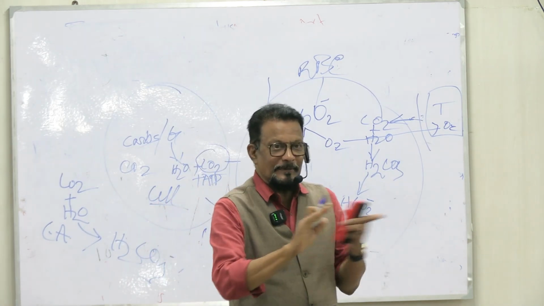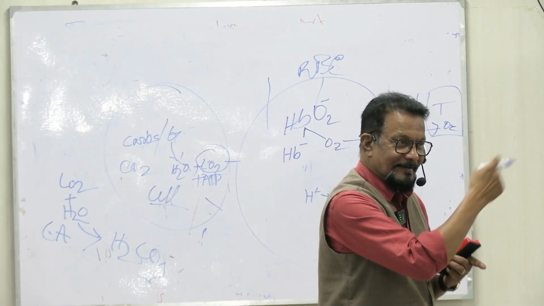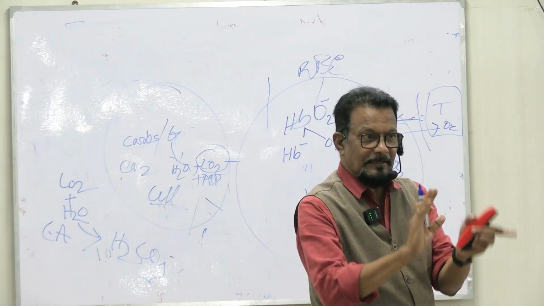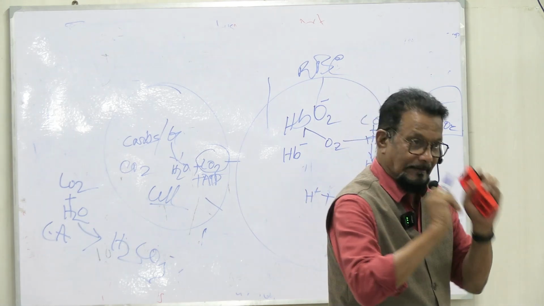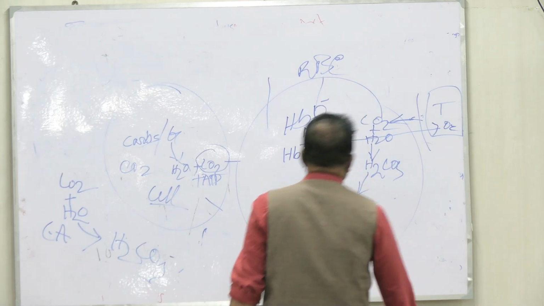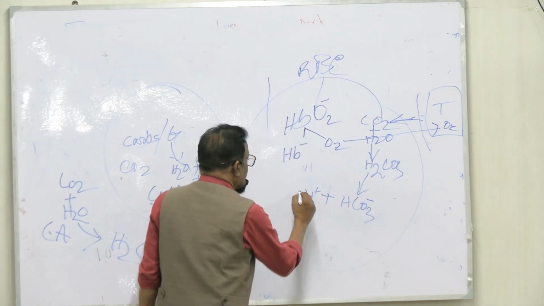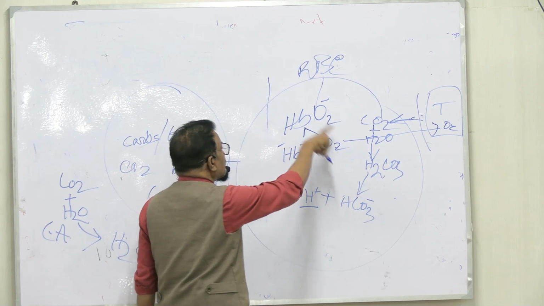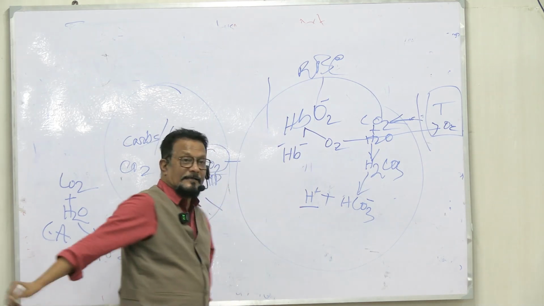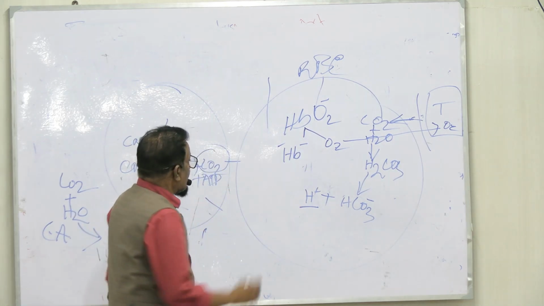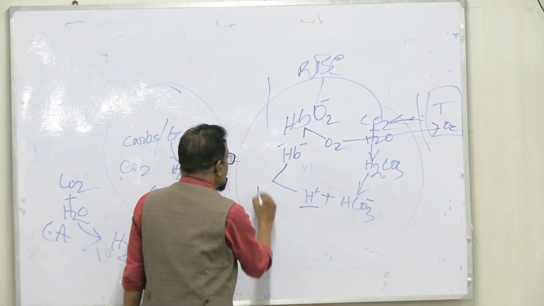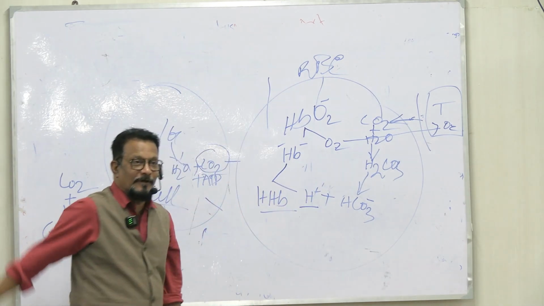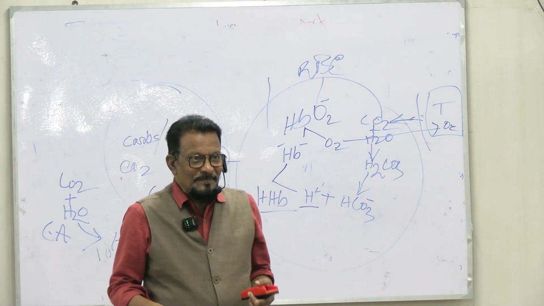So exchange already been done. Carbon dioxide entered, oxygen went to the cell. Respiration, process of respiration done. Now the consequence is there is accumulation of hydrogen ion, and after liberation of oxygen, it is Hb negative. Now both of them will combine, will form HHb. Now the problem of hydrogen ion gone.